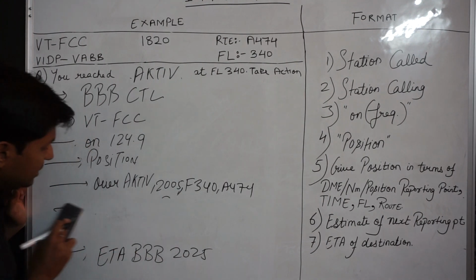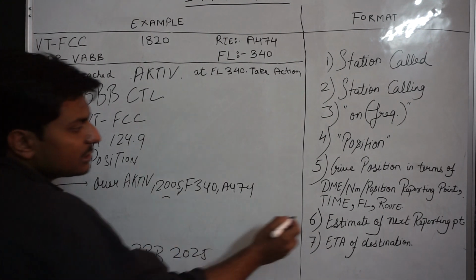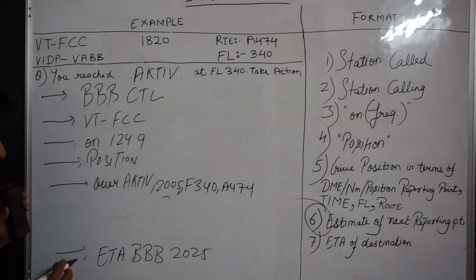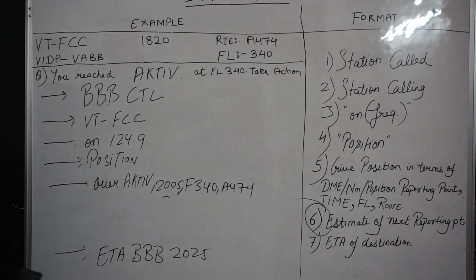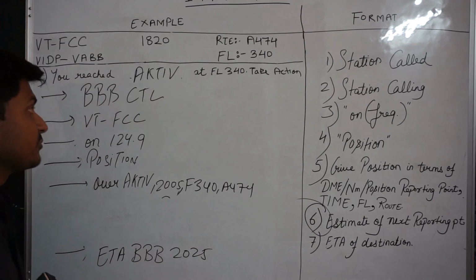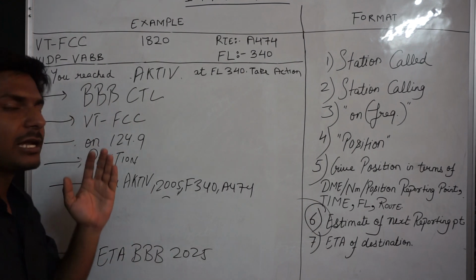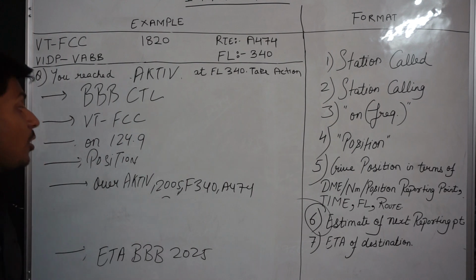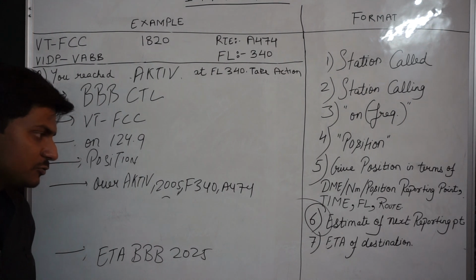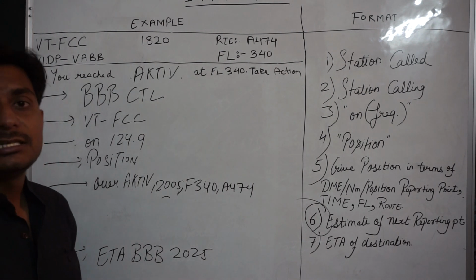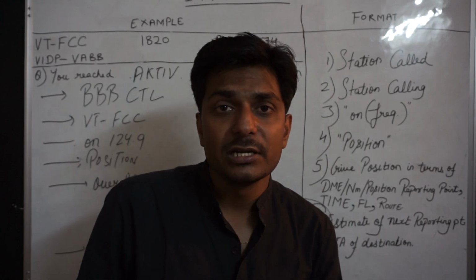There will be no sixth point. You can give directly ETA Bravo Bravo Bravo 2025. So it will go like Mumbai control Victor Tango Foxtrot Charlie Charlie on 124.9 position over active 2005, flight level 340, alpha 474, ETA Bravo Bravo Bravo 2025. So this is how a position report is given.